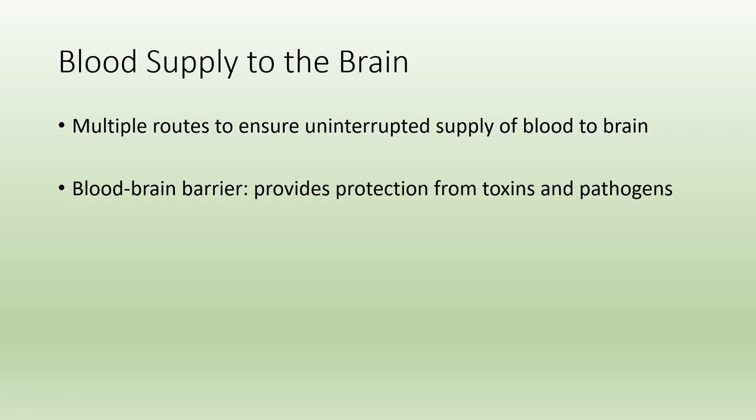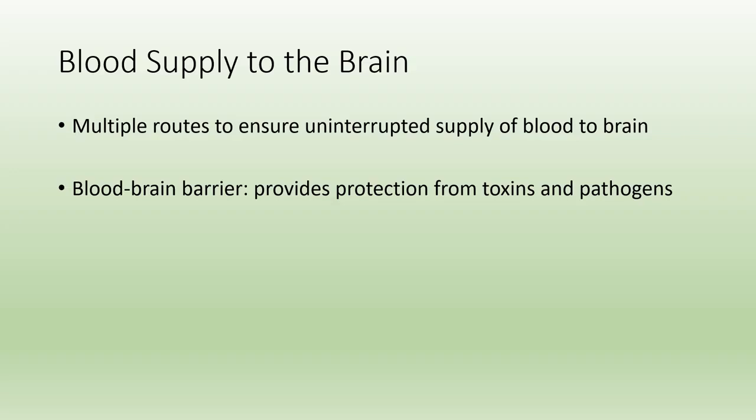When we look at the blood supply to the brain, obviously the brain is a very sensitive, very fragile tissue, and very important. It's controlling and running everything for your survival. So this tissue has to have an uninterrupted supply of blood.